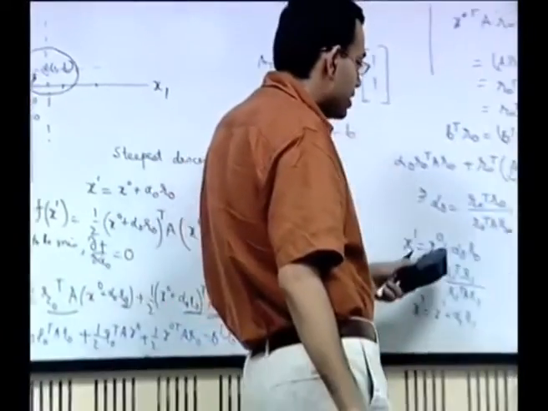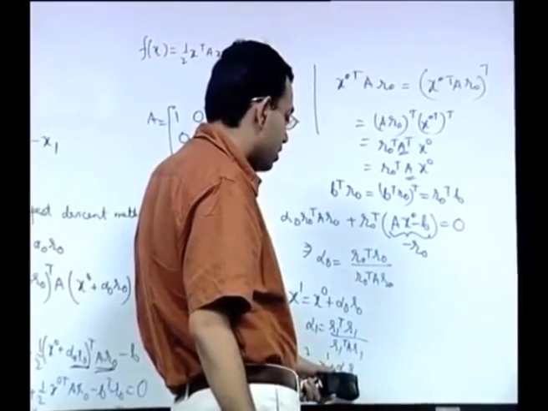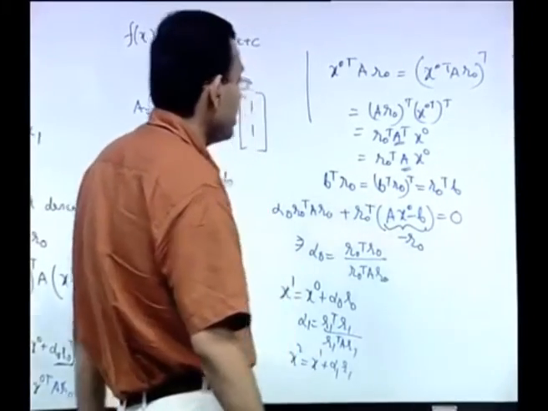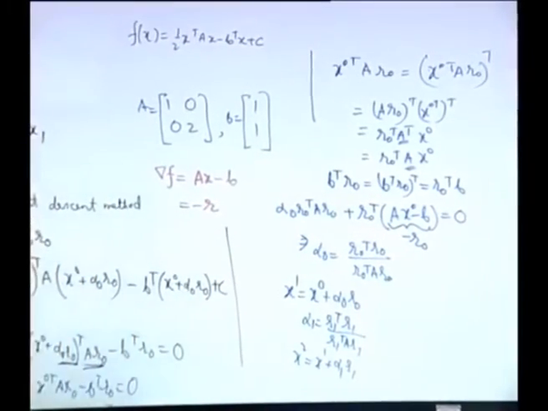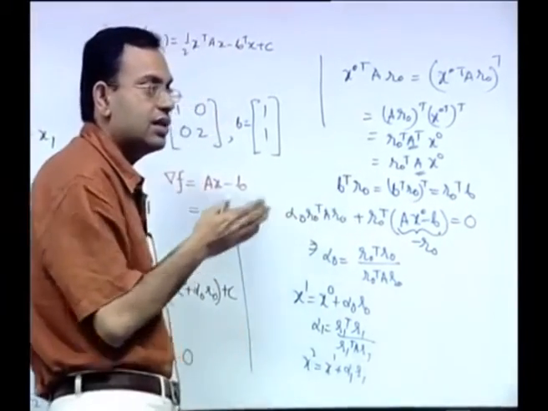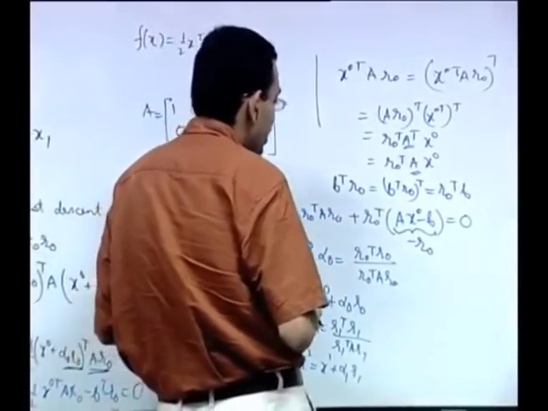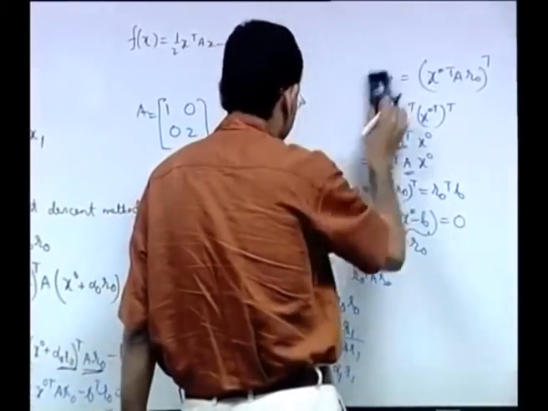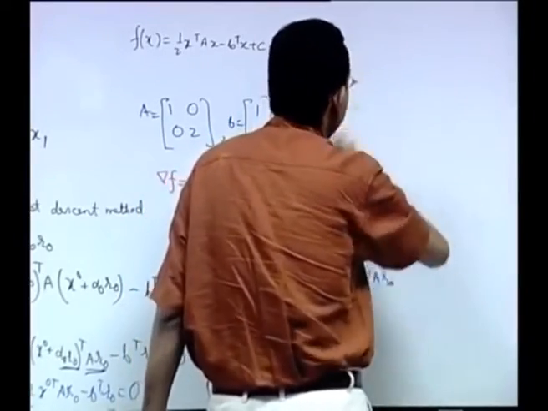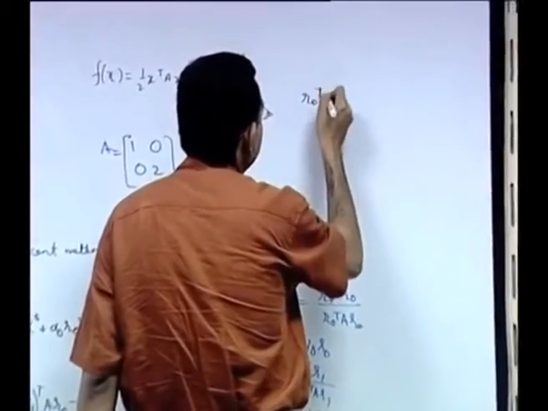So in the first step you move along the direction R0, in the second step you move along the direction R1. Interestingly, there is a very important relationship between these two subsequent directions, direction of R0 and direction of R1. To understand that, let us calculate R0 transpose R1.